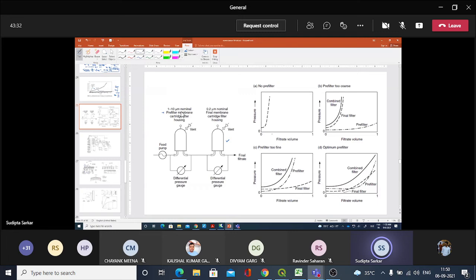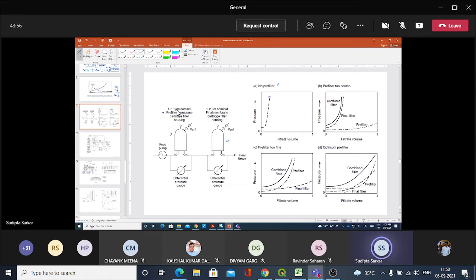If we do not have a pre-filter, then you can see that immediately the pressure rises, and there is a need to backwash.